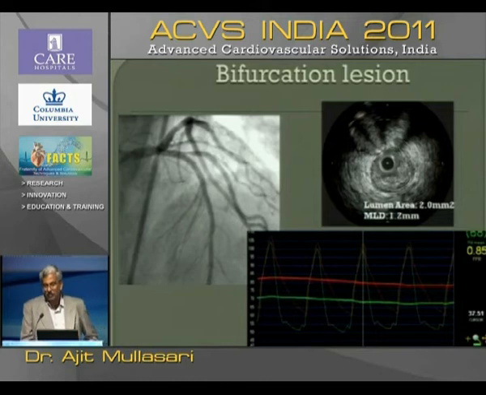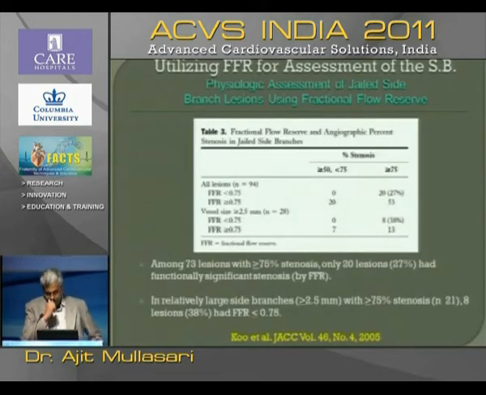You do not need to treat it based on the data published in the JACC in 2005, that in patients with lesions with more than 75% stenosis, only 20 lesions, that is 30%, had functionally significant lesions. So even if you have 75% stenosis on angiogram, less than 30% needed treatment because the FFRs were low. And in relatively large branches, that number came up to about 40% because the flow was high.